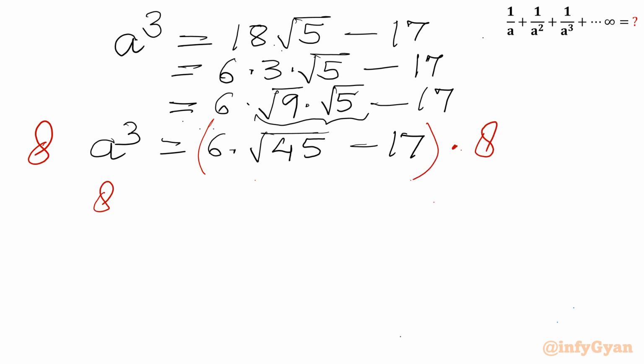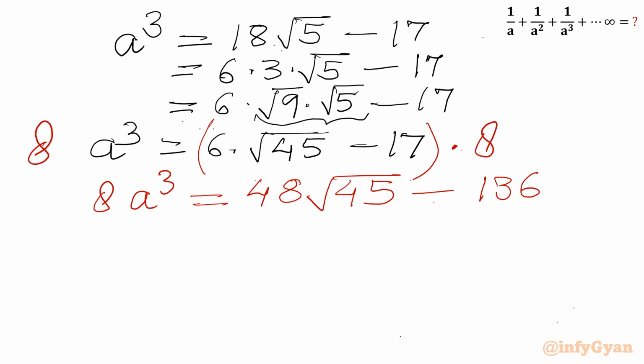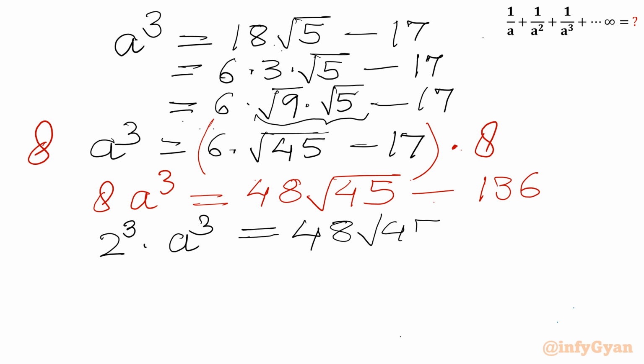Now I can write LHS as 8a cube. RHS will be 48 root 45 minus 17 times 8. It is 136. Now 8 can be written as 2 cube times a cube equal to 48 root 45 minus 136.